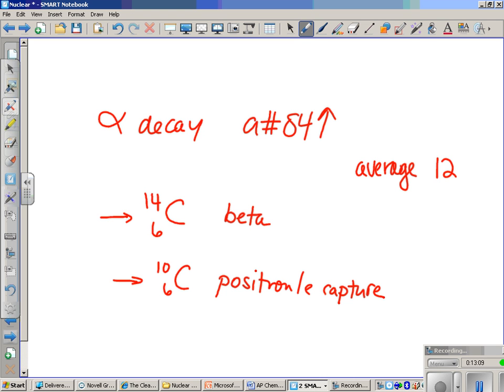If you notice the products that form for both of these, one of them makes nitrogen-14, the other one makes boron-10. Atoms' nuclei will be most stable when there's an equivalent number of protons and neutrons. So the closer you get to an even number of protons and neutrons, the more stable it's going to be. So if you ever forget which one of these to do, that will often help you with determining that.